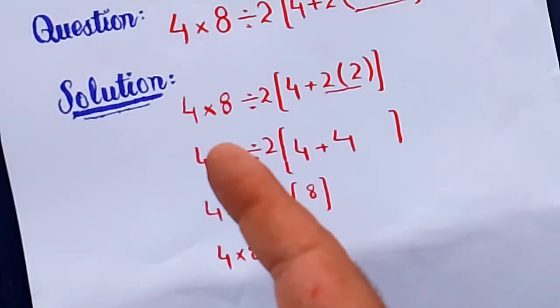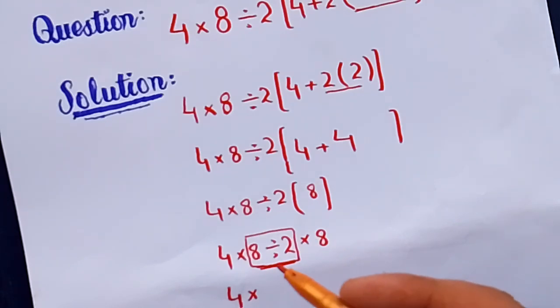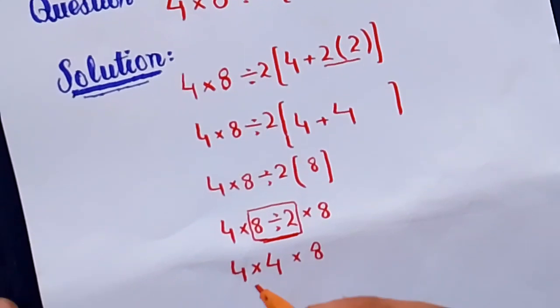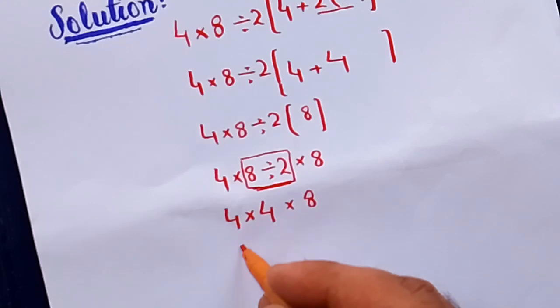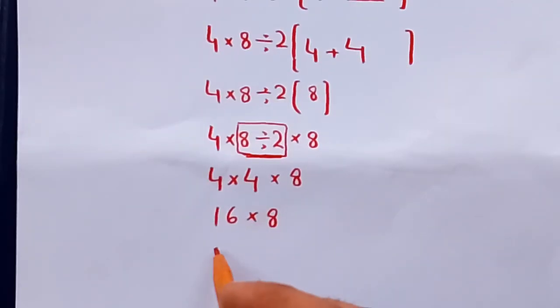Now according to BODMAS, division will be solved first. 8 divided by 2, the answer is 4, and this 8 is here. So 4 times 4 is 16, and 16 is multiplied with 8. 16 multiplied by 8 becomes 128.